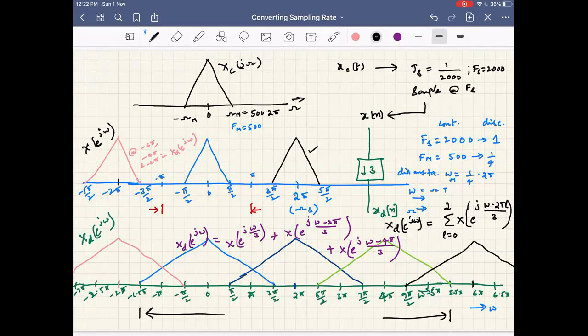Because, as we have discussed, if the maximum frequency in the signal is FM, then to avoid aliasing after downsampling, the condition is that Fs has to be at least 2 times FM.